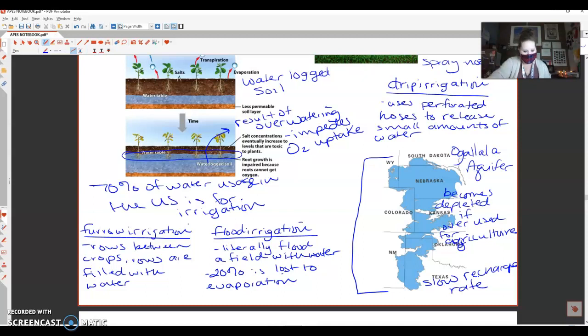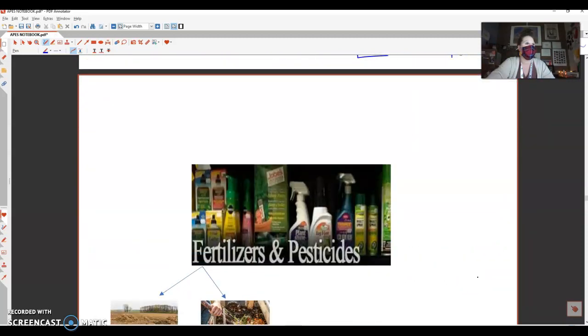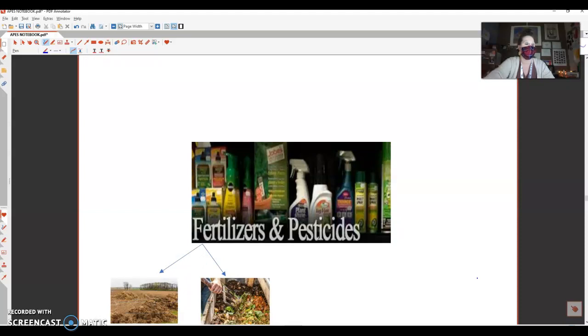Okay. All right, so moving on to the next part of that green revolution, and this is fertilizers and pesticides. Okay, so there's pros and there's cons, obviously, so we're going to look at both of those. And what I really want you guys to understand is the production of fertilizers and pesticides also contributes to climate change.